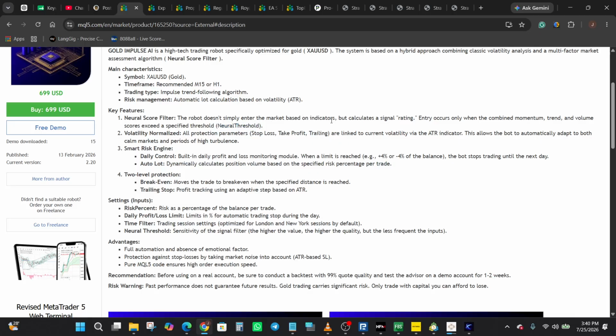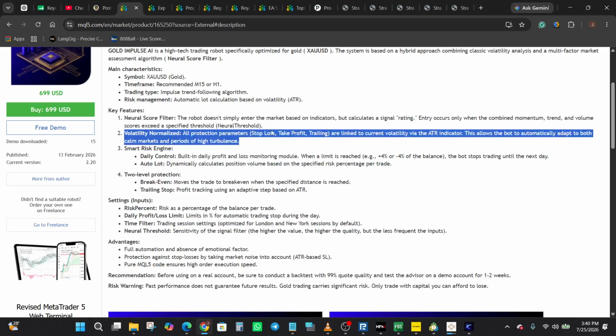Now, from a trader's perspective, this type of filtering aims to reduce trades during quiet or noisy market conditions, prioritizing entries where multiple factors align. Second, the system incorporates volatility normalization via the average true range indicator or ATR.